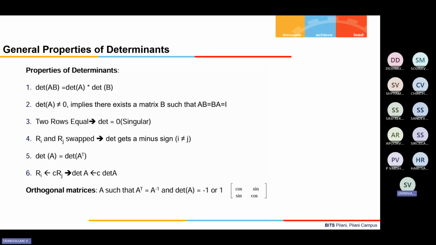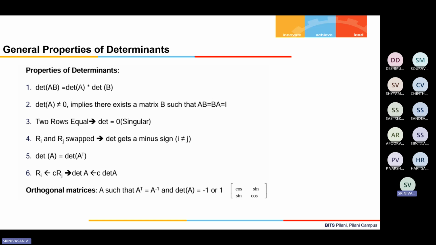This property is going to be deployed in finding the inverse of a matrix by the Gauss-Jordan method.